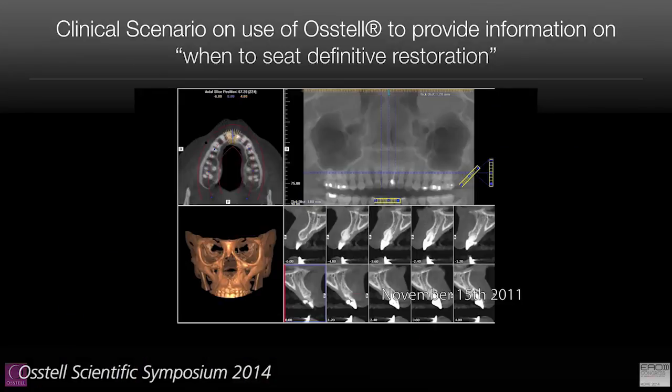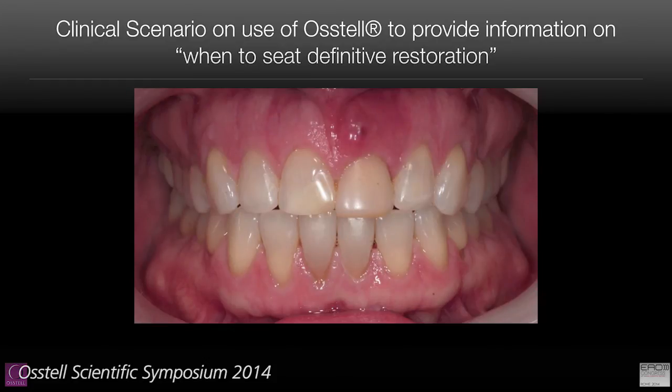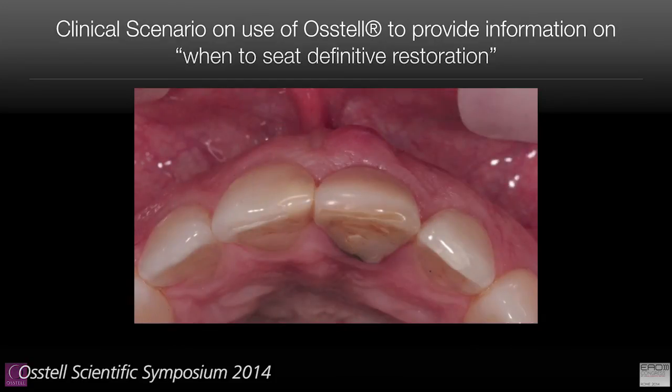So, let's just take you through this clinical scenario. Here's a patient that requires tooth number 9 removed. As you can obviously see, there's a fistula, there's edematous tissue, there's inflammation, and there is a hopeless tooth.